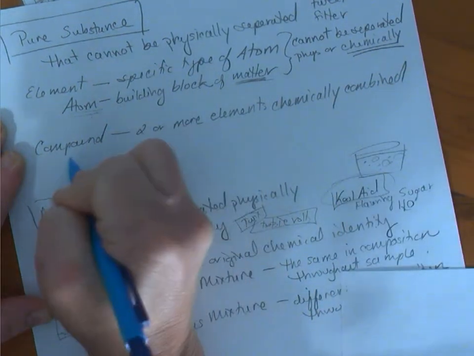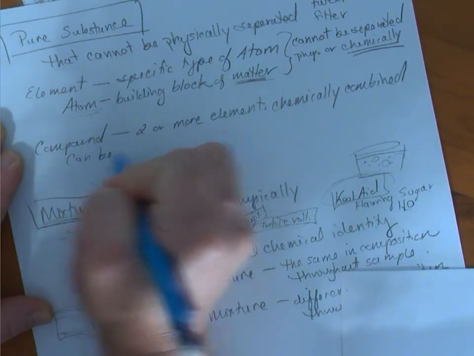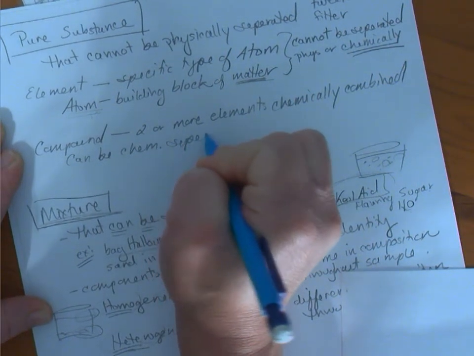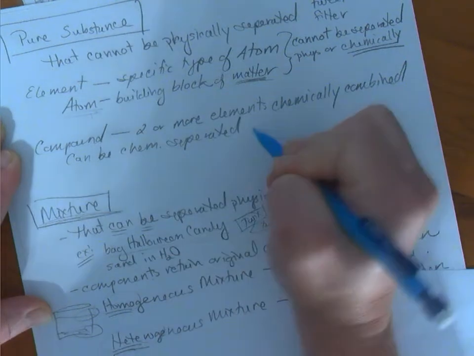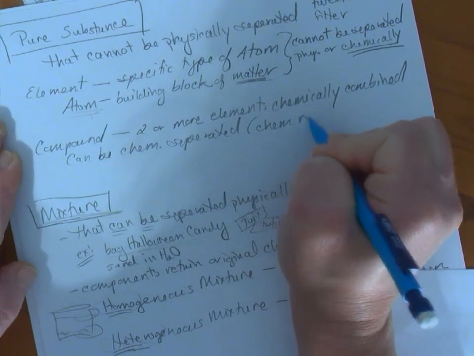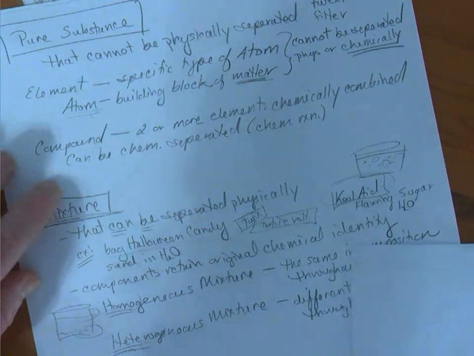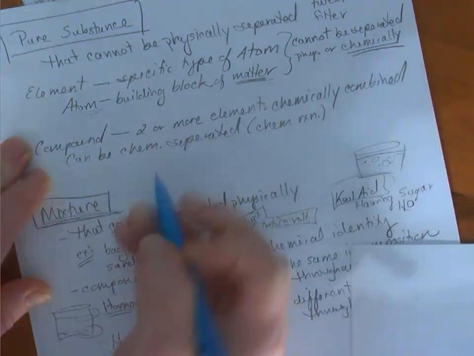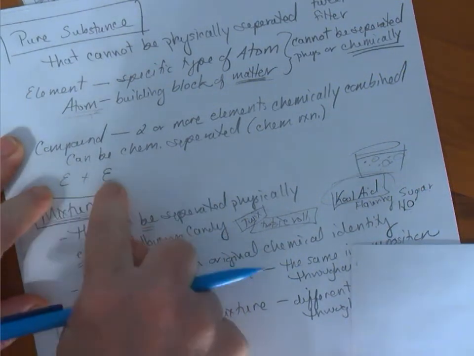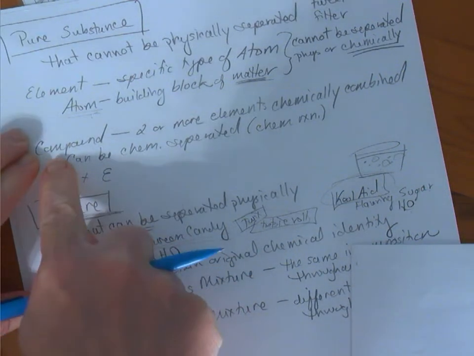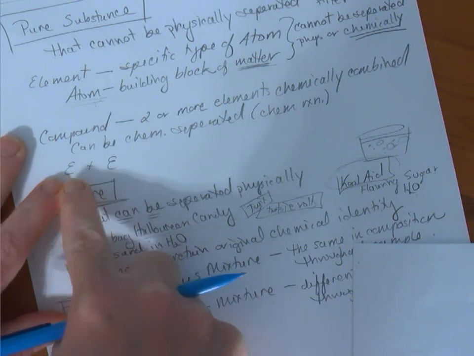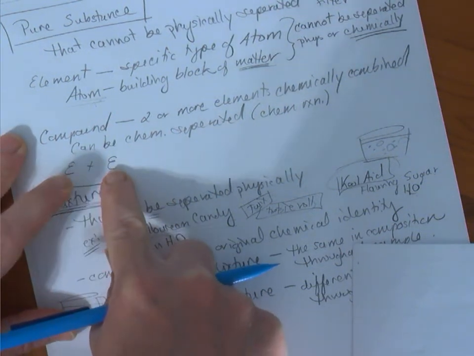So they can be chemically separated by a chemical reaction. Also, whenever you combine elements, of course, you can make a compound by reacting two or more elements. You can also make a compound by reacting an element with a compound or two smaller compounds.